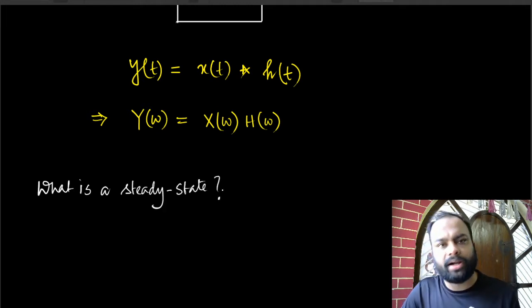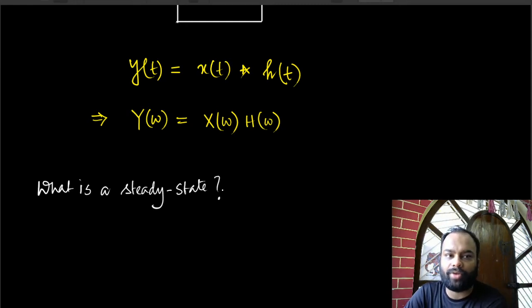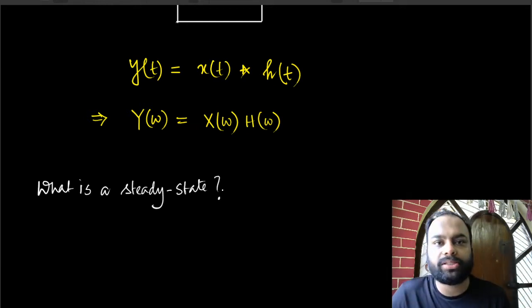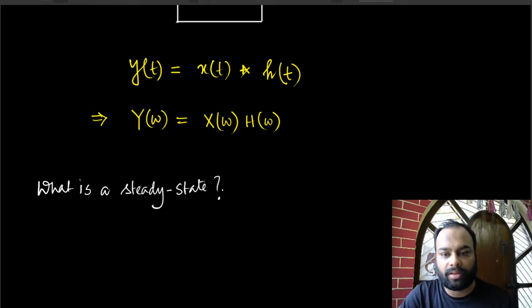You probably have heard the terms transient and steady state. So what is a steady state and what is a transient? Can anybody shed some light on this?